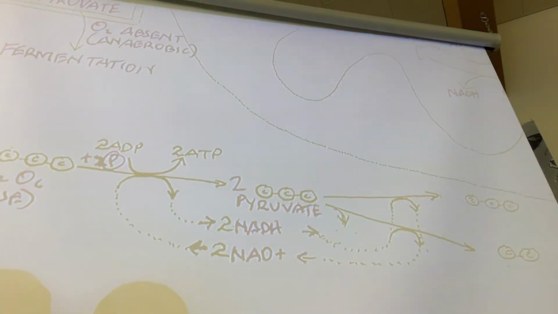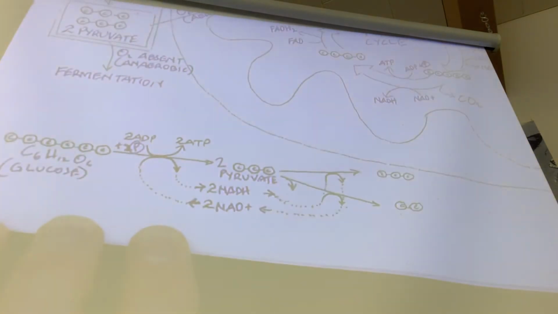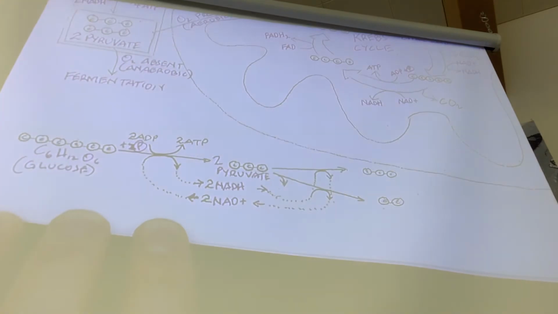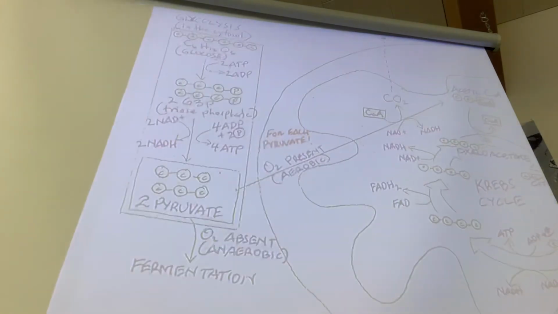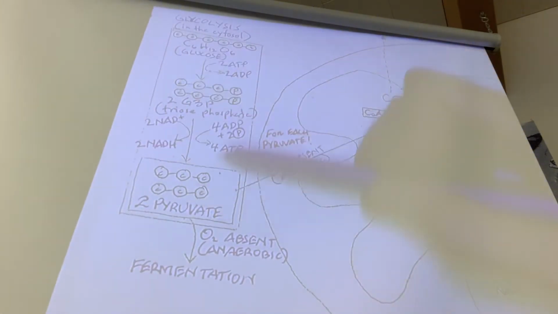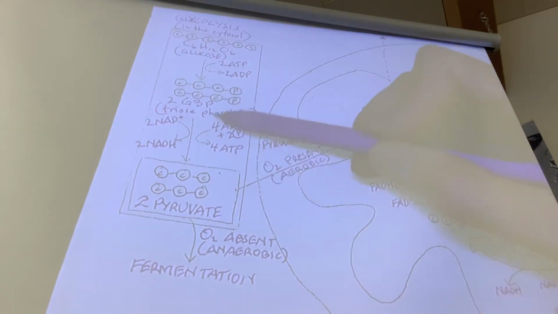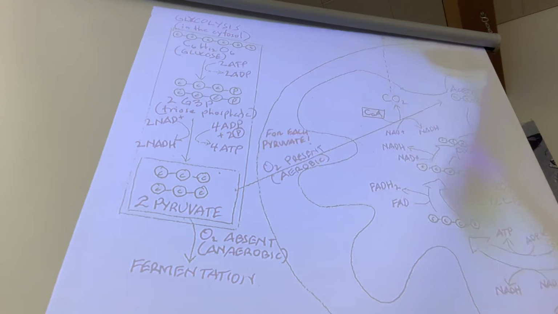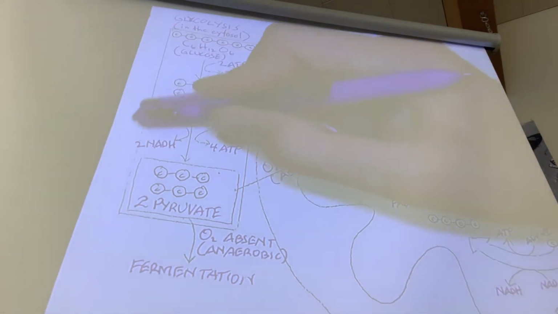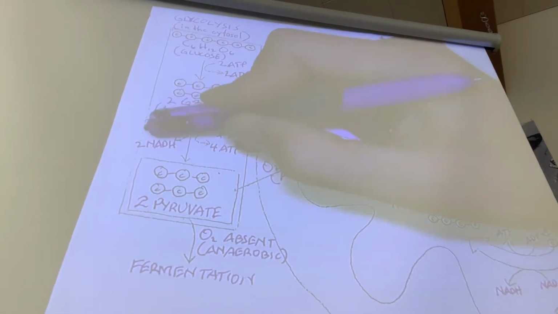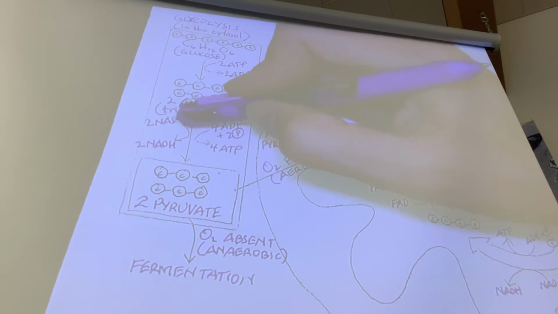Now, it turns out that in glycolysis, all this stuff that's going on up here, we're getting our ATP out of it. It turns out that cells only have so many of these NAD plus molecules. They don't have an infinite supply of them.